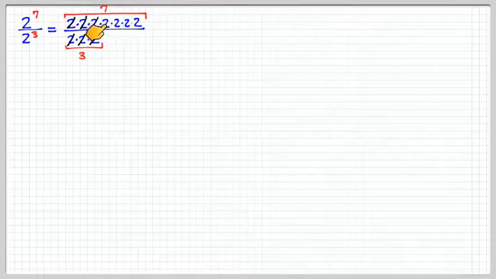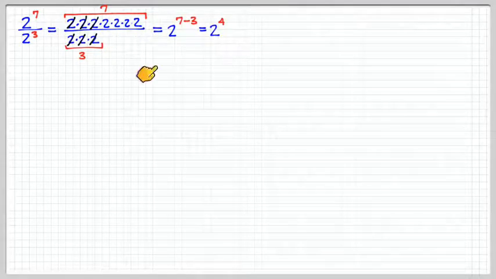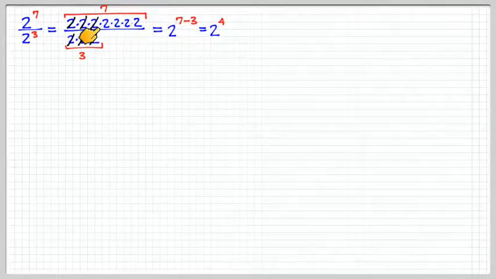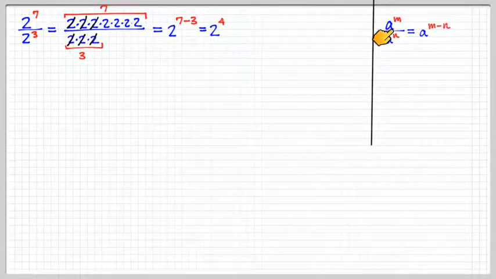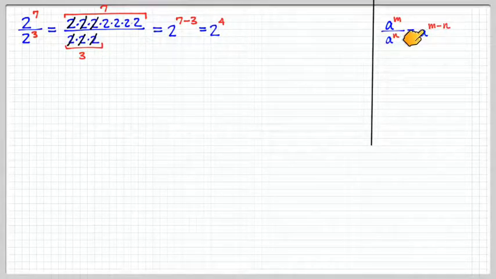I'm left with 4. I can express this as 2 to the 7th minus 3, because I had 7 up here, 3 down here, but I can get rid of 3 in a sense. So now I have 2 to the 4th power. So we could generalize this. a to the m divided by a to the n is equal to a to the m minus n.